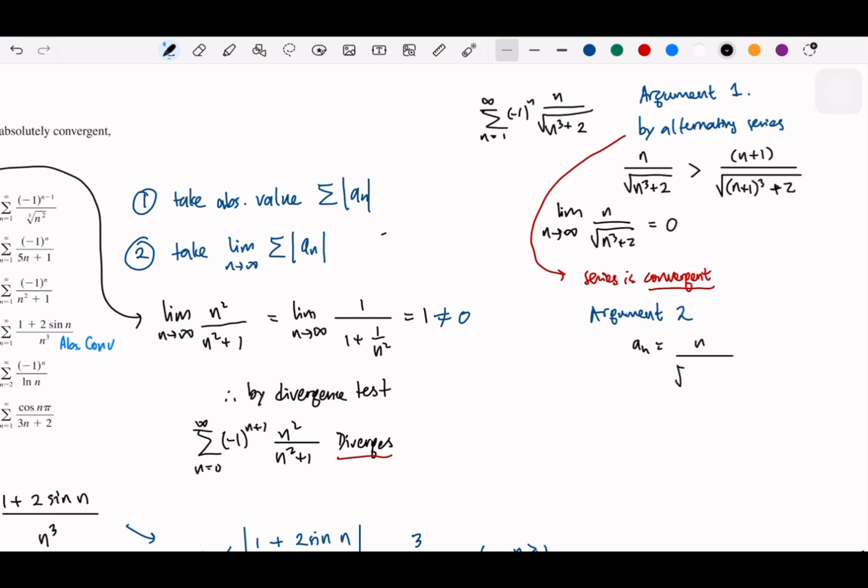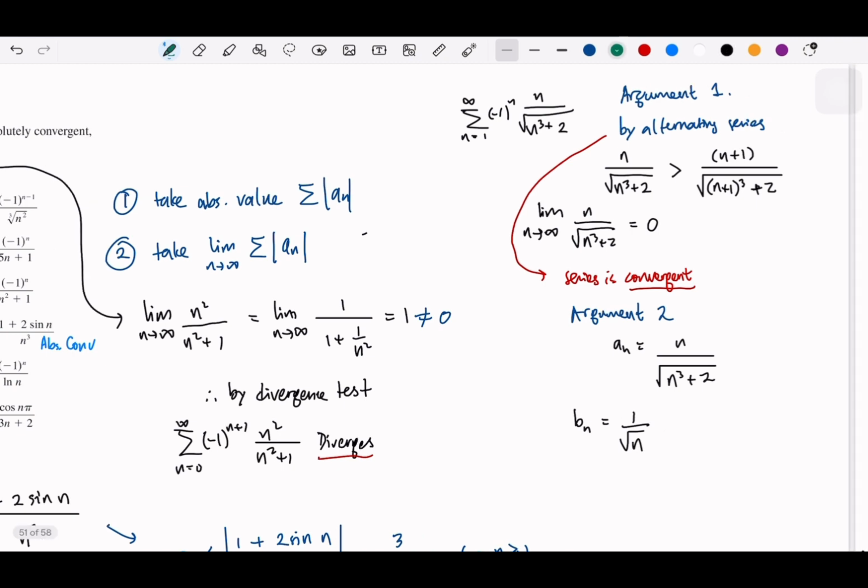We take this as our a_n, and then take b_n as 1 over square root of n.